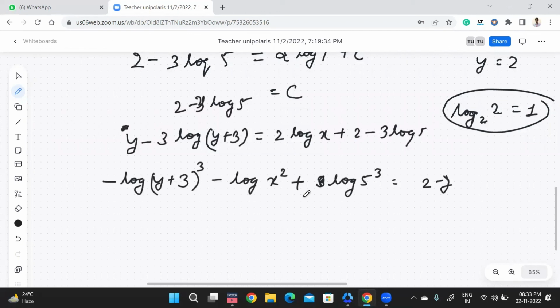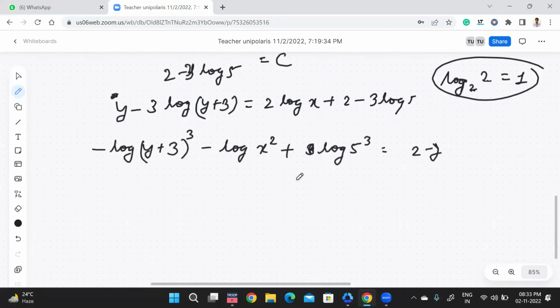Right, so now we can simplify these logs because all have the same base. So this will give log of 5 cubed, 125, over (y plus 3) and x squared.